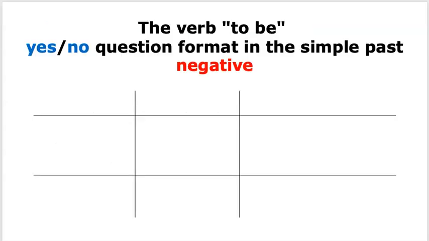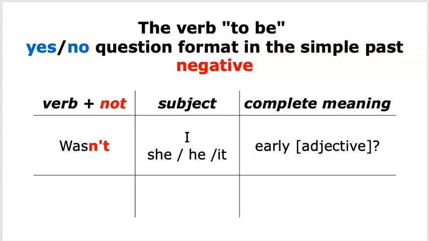Now, sometimes we ask a yes/no question, but we put a negative in the question itself. Let's look at that. We start with the verb plus the word not, then the subject, then the complete meaning, as in, wasn't I early?